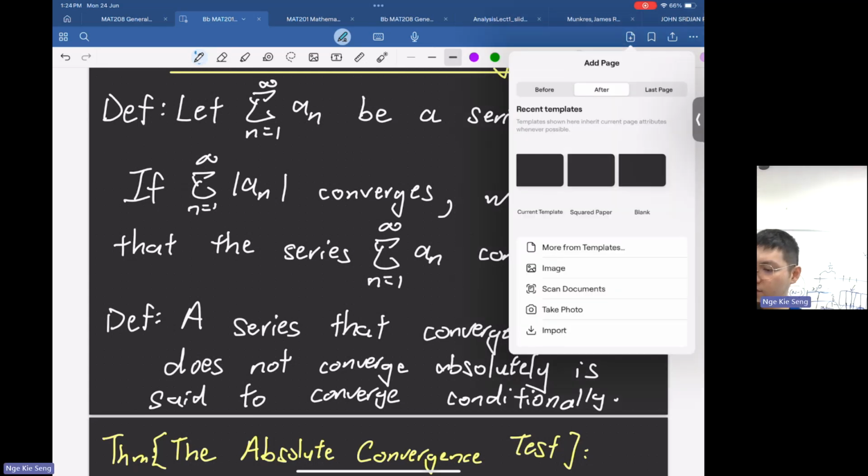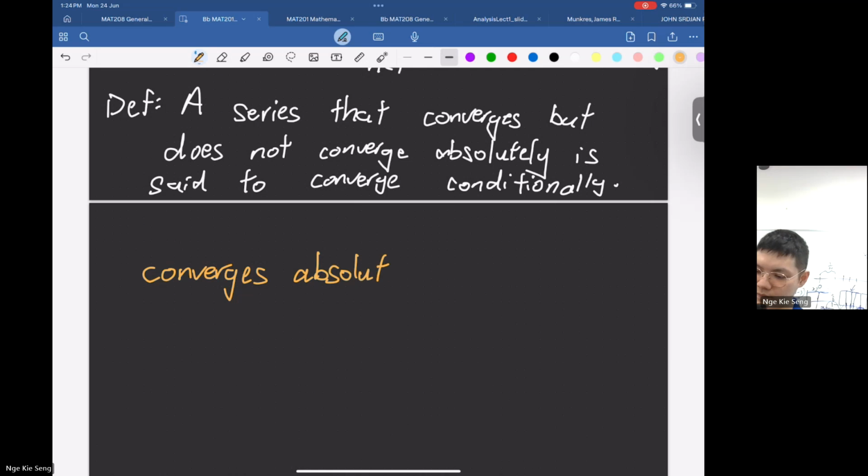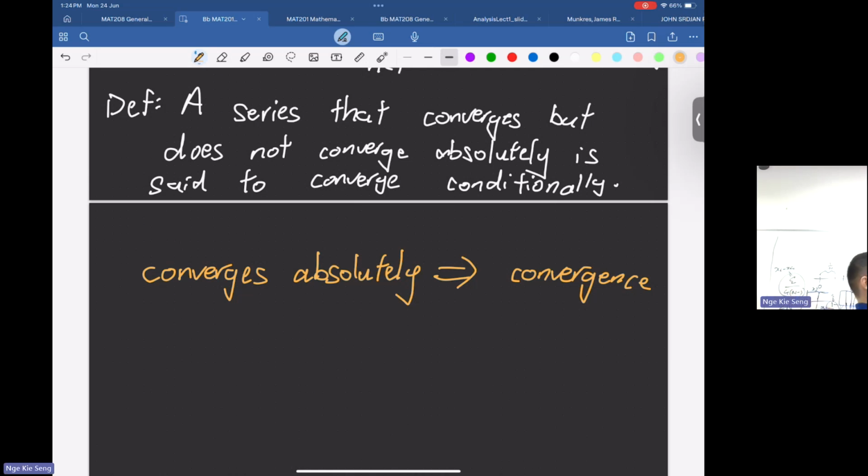So how do you think about this logical equivalence here? We have converges absolutely implies convergence. But if you have P, then you have Q. But you can have Q without P, correct or not? False can imply everything, correct? In that case, we say the series converges absolutely.